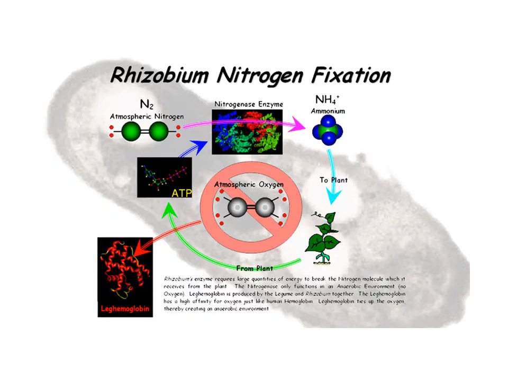Now, this slide is just a glimpse of how nitrogen fixation happens in Rhizobium. We are going to study this in detail in future slides. The atmospheric nitrogen can be assimilated by diazotrophs like this symbiotic Rhizobium.